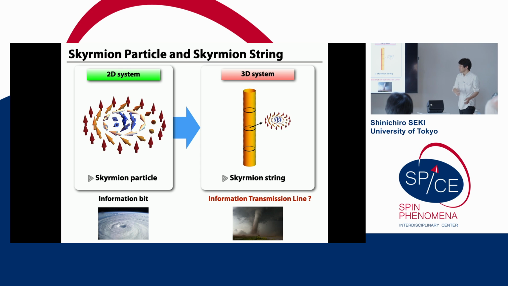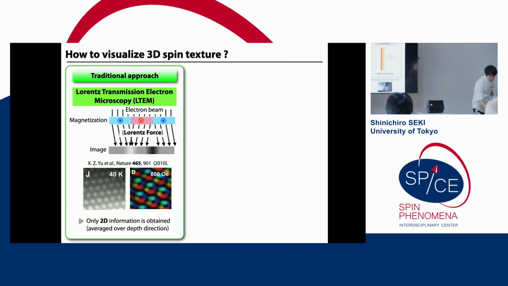However, in previous experiments, direct visualization of the three-dimensional shape of the skyrmion string has not been achieved. This is mainly because it is well known that direct visualization of a three-dimensional spin texture is very difficult. In the traditional approach, magnetic skyrmions are observed using the Lorentz transmission electron microscopy technique.